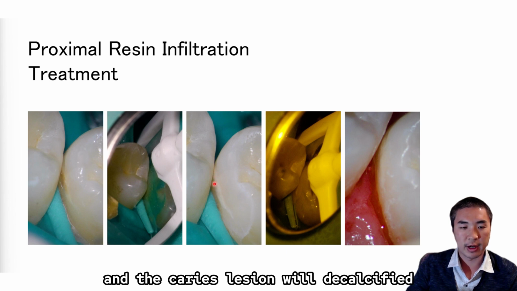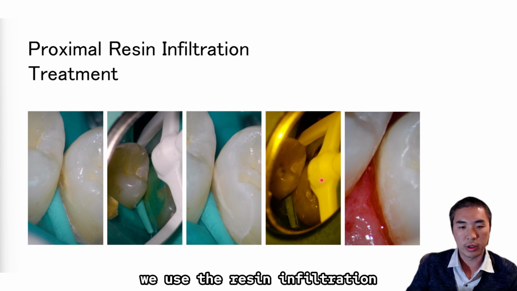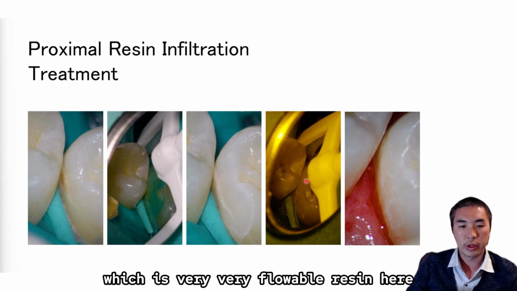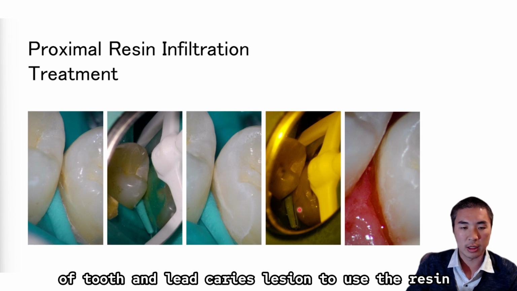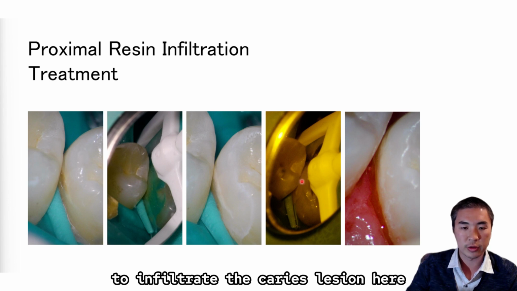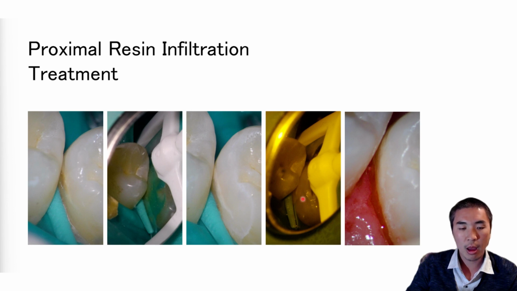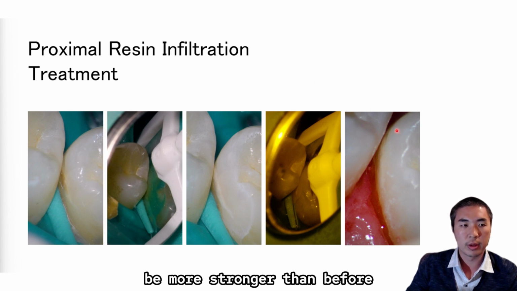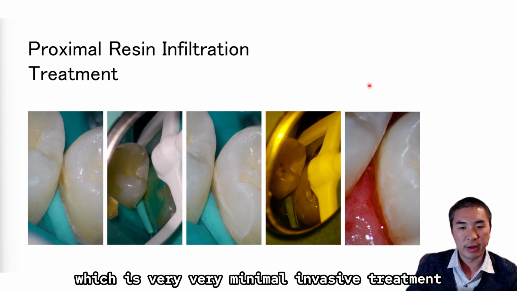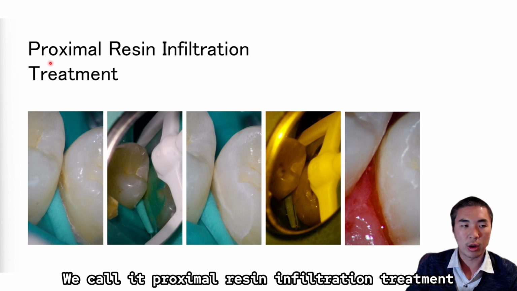After the acid etching, the caries lesion becomes white, as it is demineralized. After that, we use resin infiltration, which is a very flowable resin, to infiltrate the structure of the tooth and the caries lesion, to make this structure stronger than before. It is a very minimally invasive treatment. We call it proximal resin infiltration treatment.